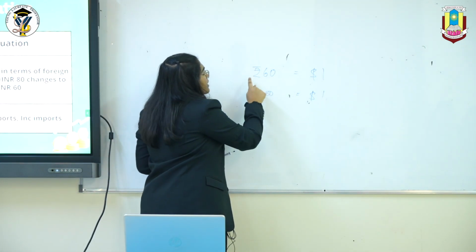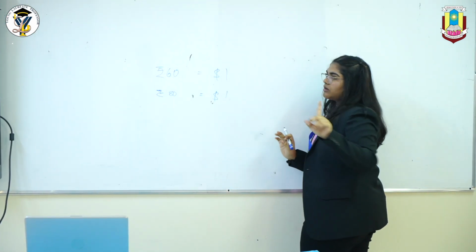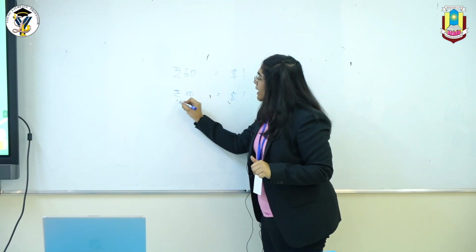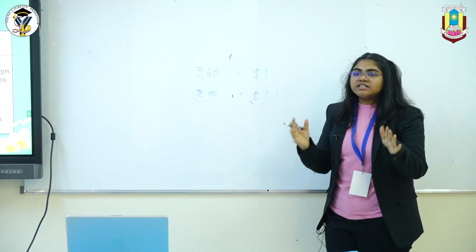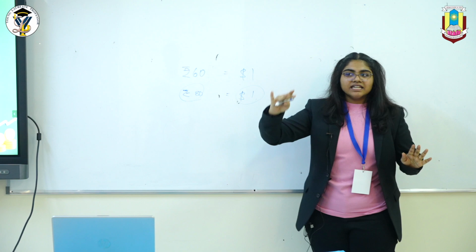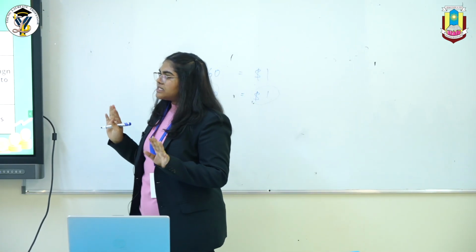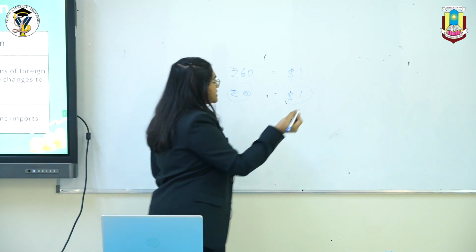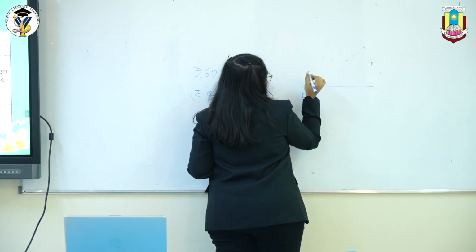Why? Earlier, we only had to pay 60 rupees in order to get $1. Now, we are paying more for the same amount of $1, which means the value of our domestic currency has decreased. Okay? If this is confusing for you, a simple trick that you can use in exams is to put it on a number line. Let's say this is $1.